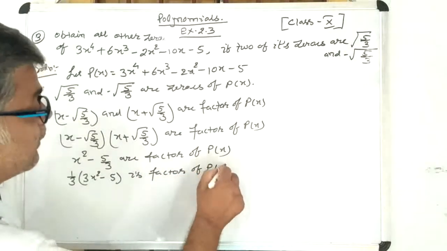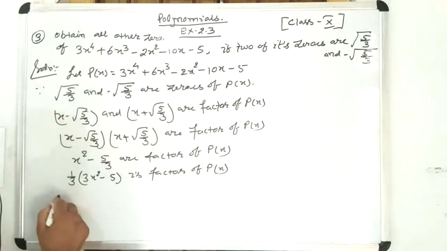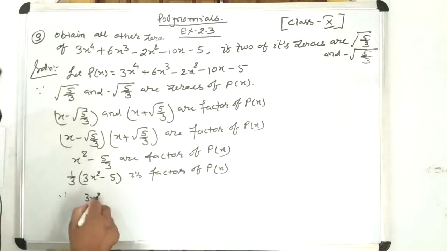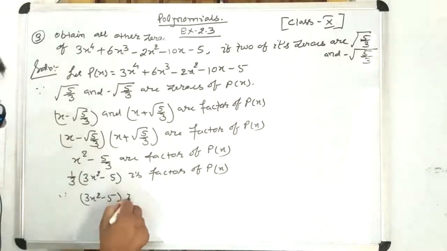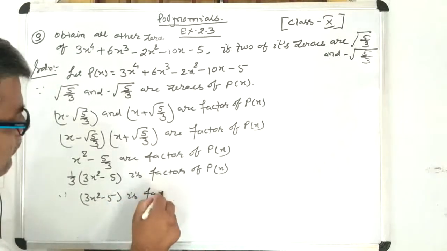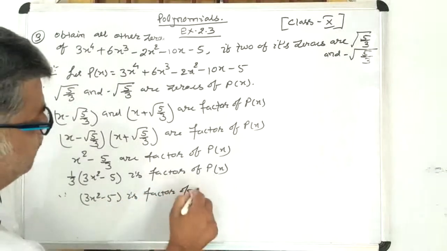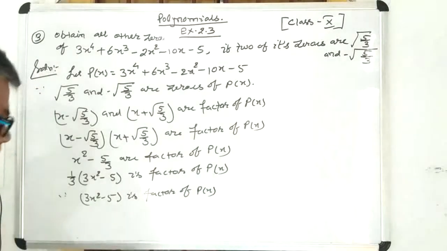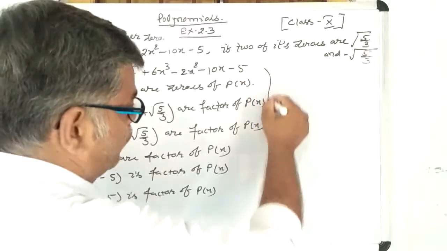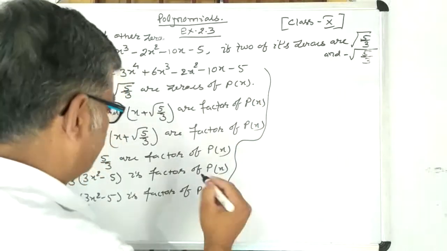Therefore 3x square minus 5 is a factor of p(x). And since 3x square minus 5 is a factor of p(x), now you divide it.